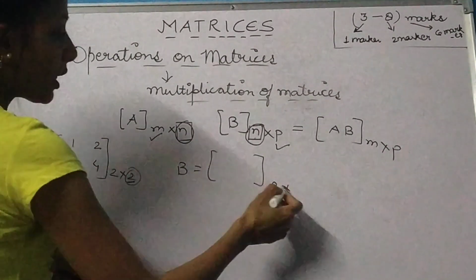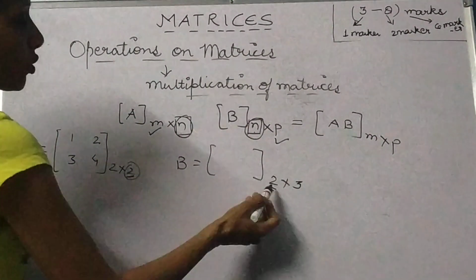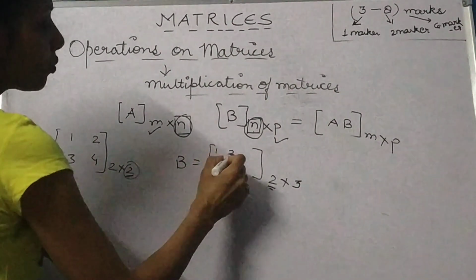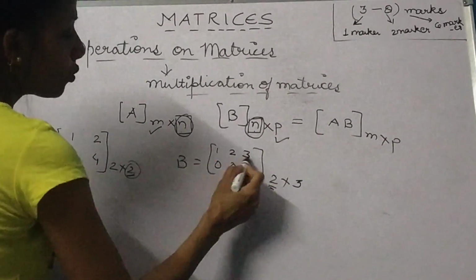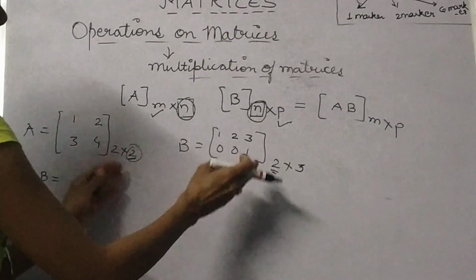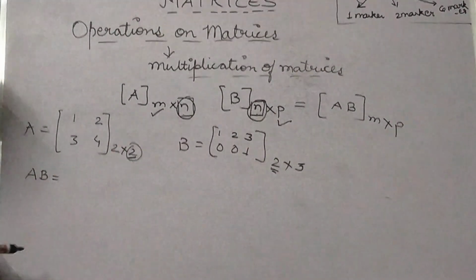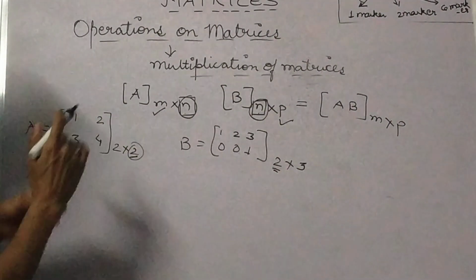Say if I am writing it 2 into say 3. 2 means 2 rows. 1, 2, 3. Say it is 0, 0, 1. So 2 rows and 3 columns. So if you have this setup, then only the product is possible. So see how we can multiply these two matrices.